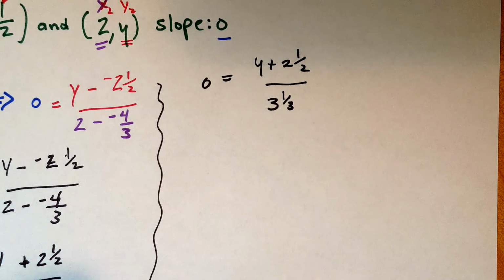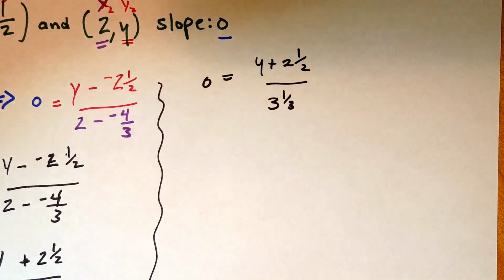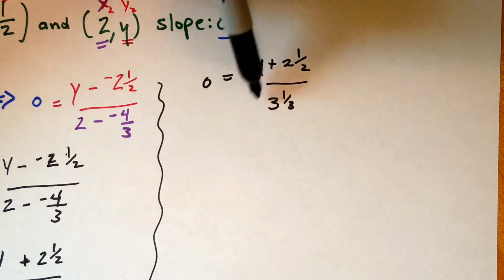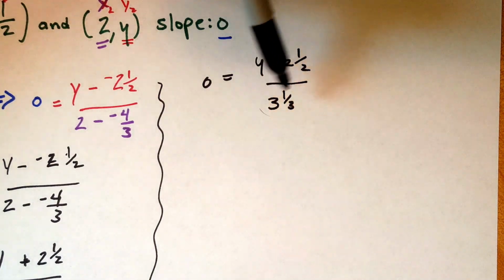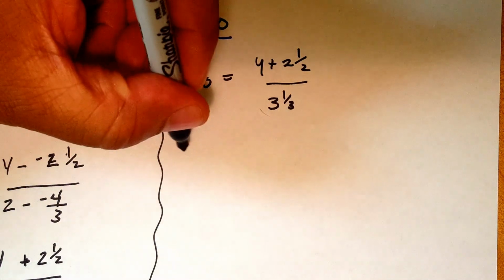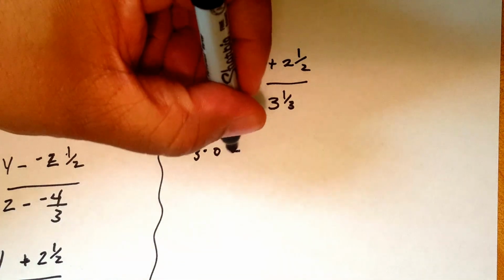So, first thing I'm going to do, 3 1/3, I am simply going to do the opposite. So right here, it's underneath the denominator, which means we're dividing with it. So what I'm going to do is to multiply 3 1/3 times both sides.